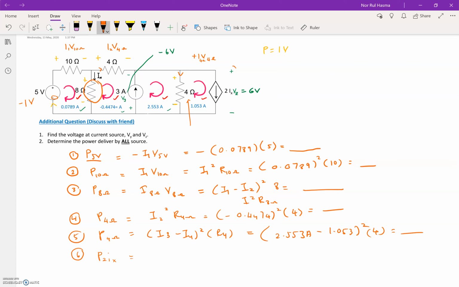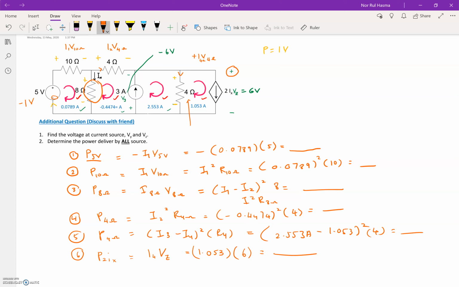The current is entering the positive terminal of the Vz, so I choose that as I4 times Vz. So I4 is 1.053 mA times Vz, which is 6.